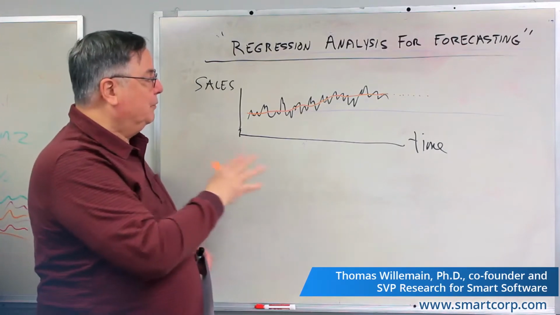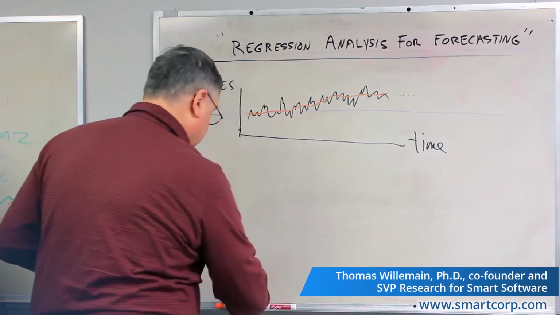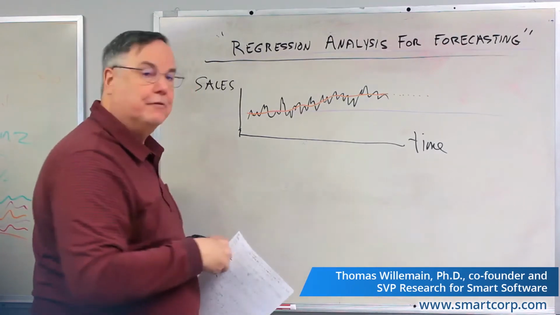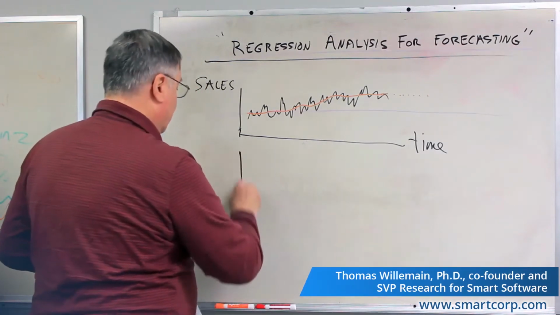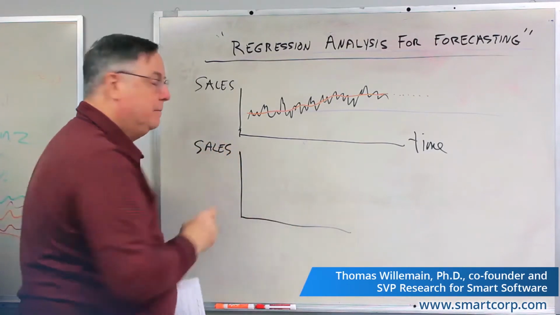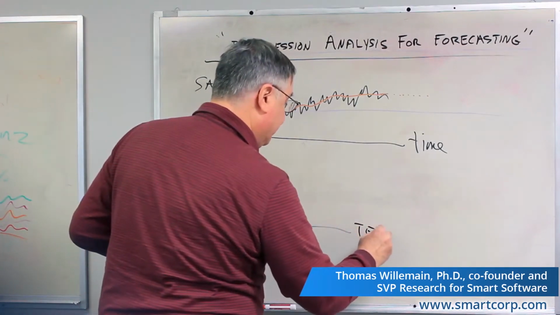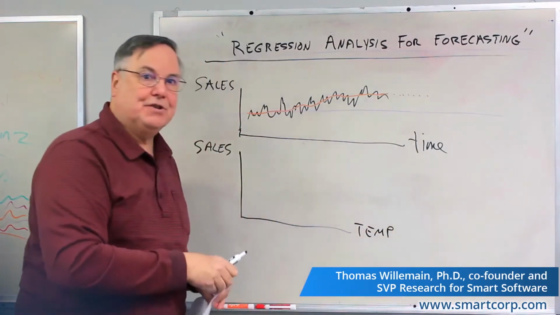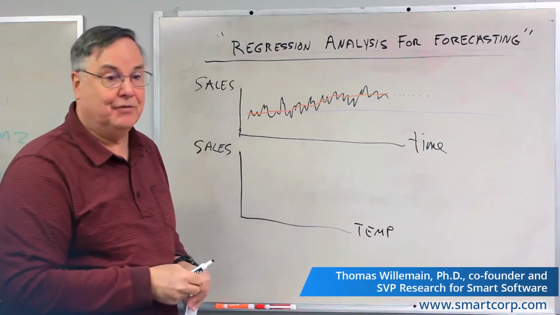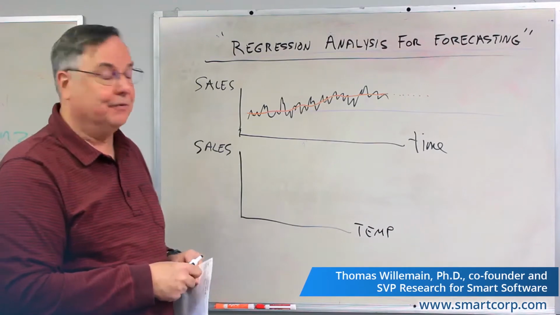So what we will do instead of this picture is make a somewhat different picture. We will try to find another variable which is related to sales. So maybe it's sales and maybe it's, say, temperature. Maybe you're selling something like ice cream, and when it's hot you have more sales, and when it's cold you have fewer sales.